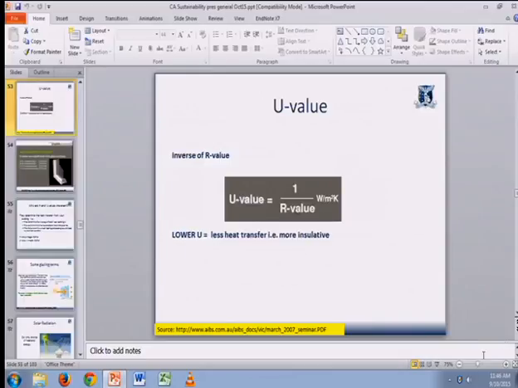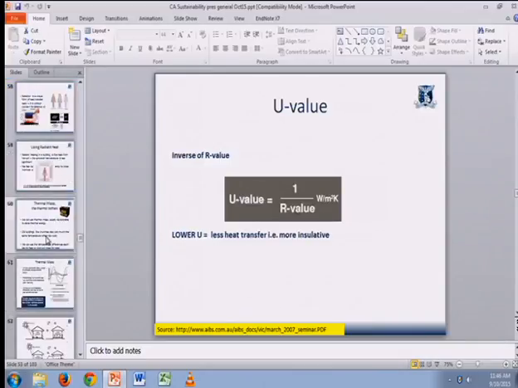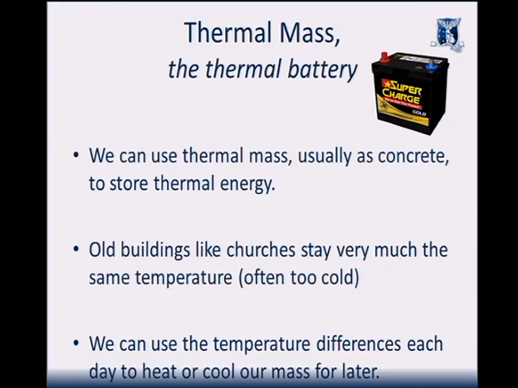Okay, I'm going to skip this stuff too because we've got to run out. Okay, so we'll go down to thermal mass. Glass has particular properties: very high heat transfer in and out, and also radiant heat gain from the sun. So it's quite a complex thing to have to deal with. Thermal mass, very important.